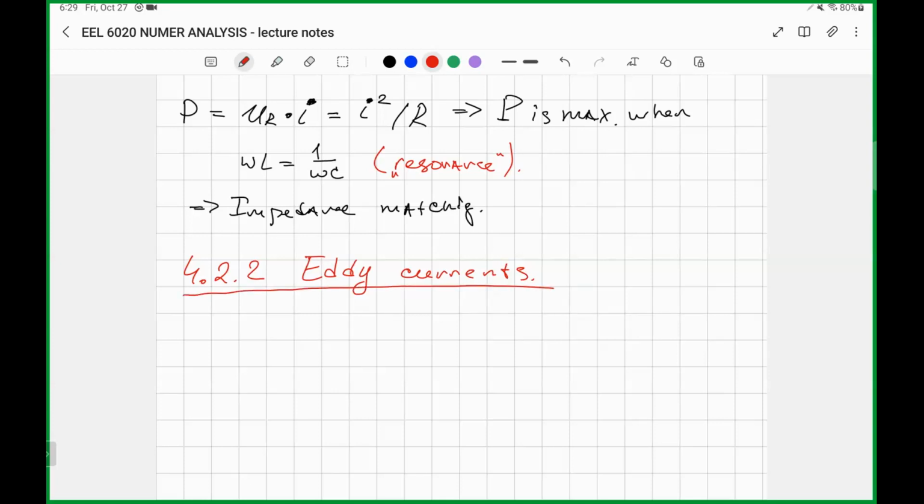So we recall today that the field decays in a metal because of the negative epsilon, negative permittivity. Okay, if conductivity of a metal is finite, then the permittivity is also negative.